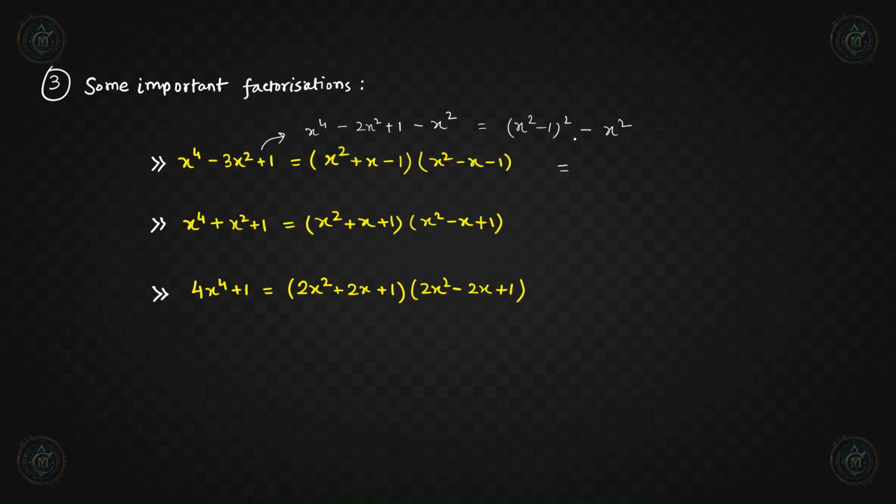This we can write by using the formula a square minus b square equal to a minus b into a plus b. We can write this as x square plus x minus 1 times x square minus x minus 1. And similarly we can say this will be x to the power 4 plus 2x square.